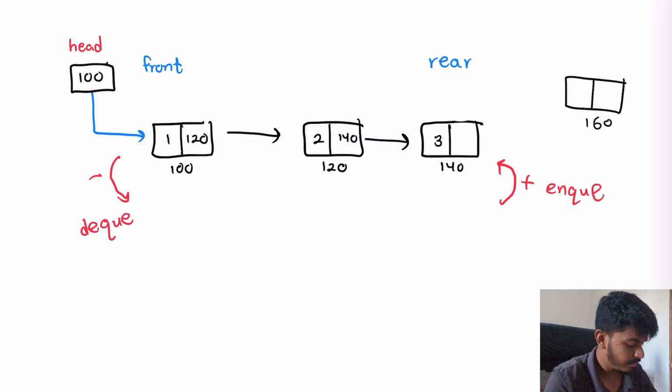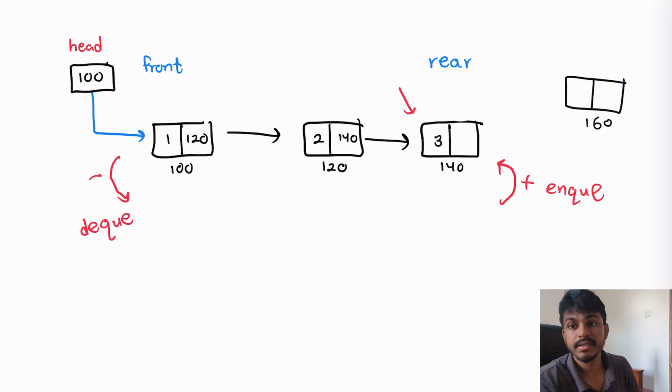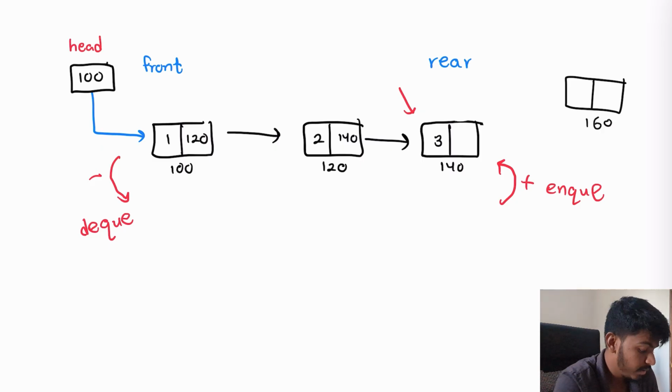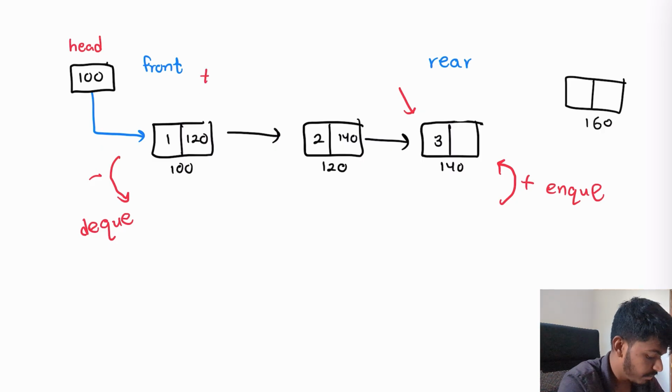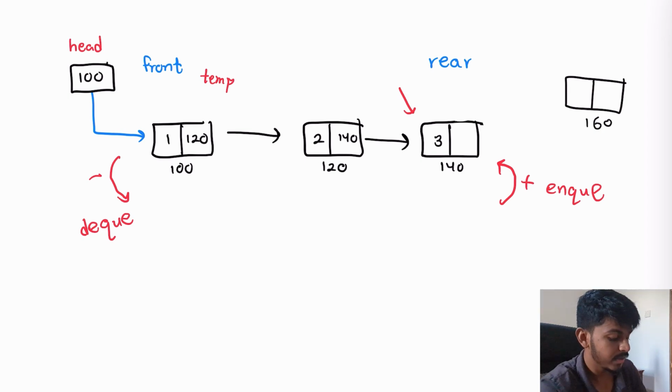But when we want to do the enqueue, we have to access the rear. So how can we access the rear? The thing is, the information we have in this linked list is only the head pointer, the one pointing towards the front of this linked list. We don't have any pointer pointing towards the rear. So in that case, we have to take a temp to store the addresses.